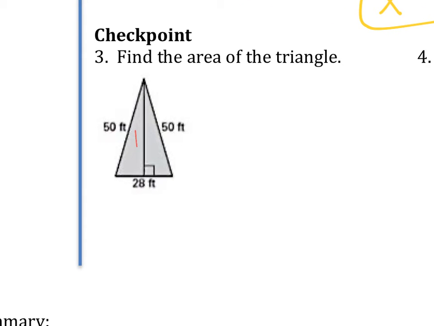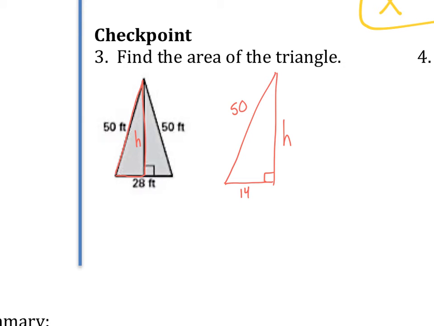All right, checkpoint 3 says find the area of the triangle. To find the area of the triangle, we have to find h. To find h, we have to split this triangle apart, which gives us h, 50, and 14.